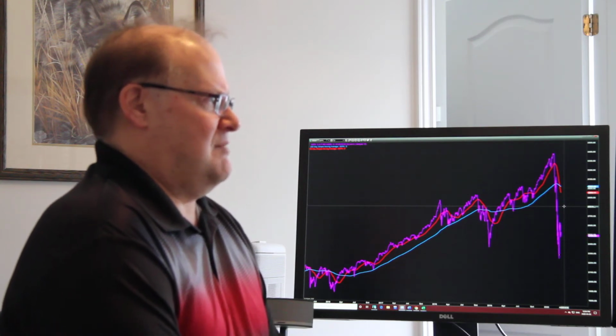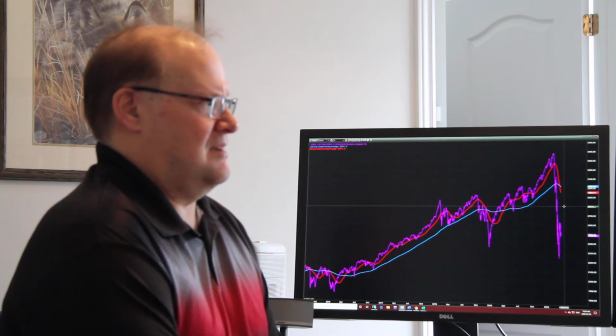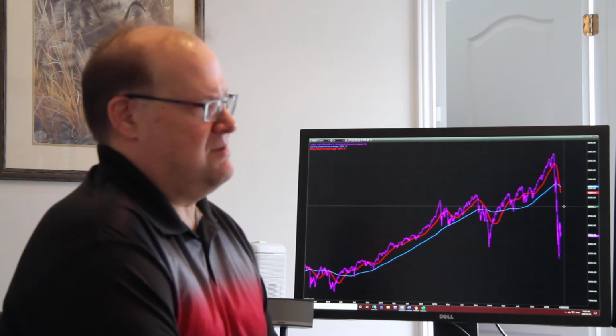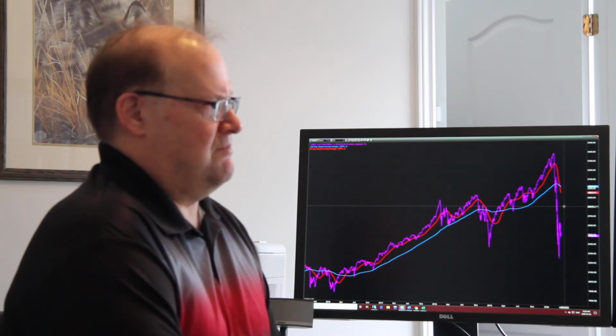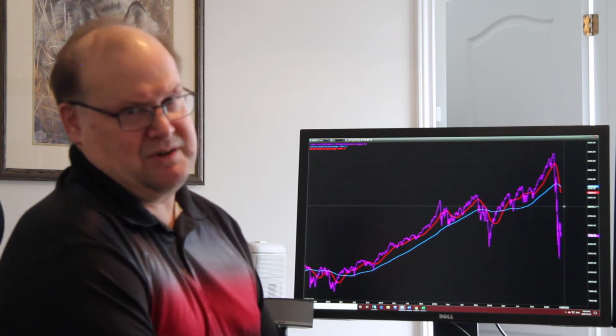The other one I think I've mentioned in two videos now is the 12-month rate of change, and I should say everything I'm doing here is on the S&P 500. I don't really analyze the TSX that much. The TSX is correlated pretty closely with the S&P 500.